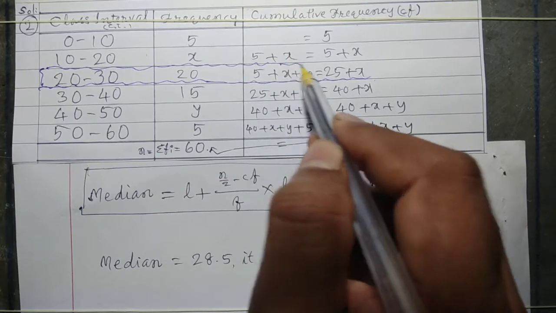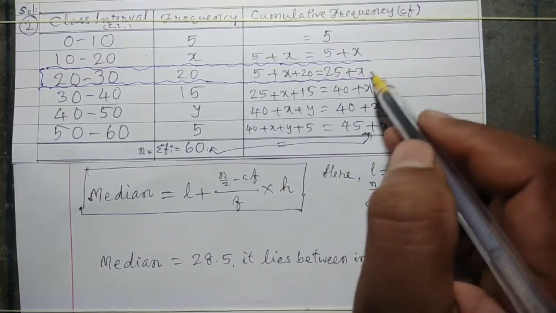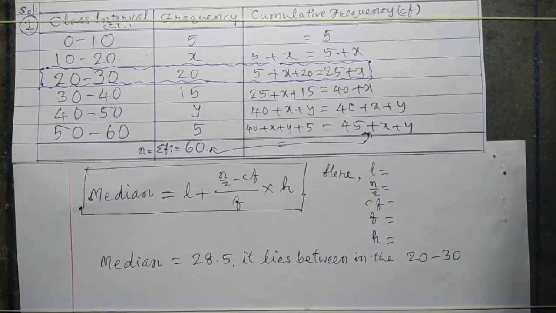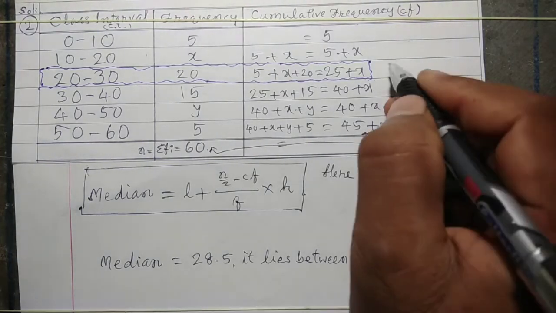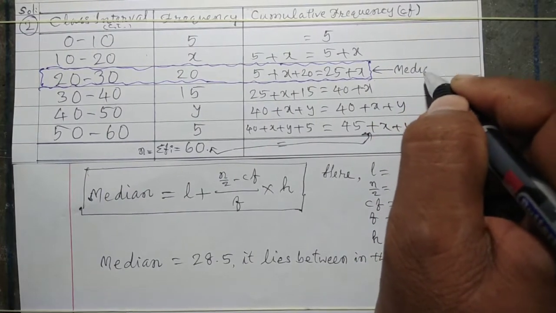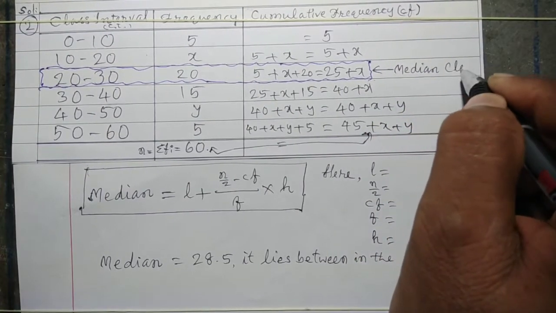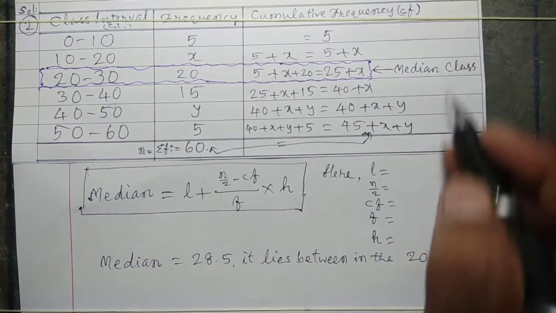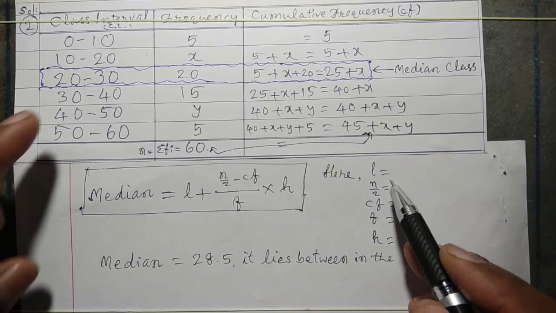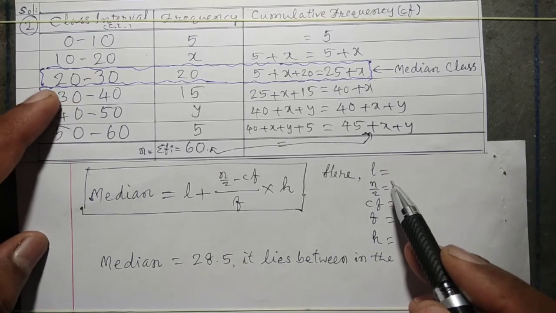We have to indicate it specially like this: median class. We have to indicate the median class clearly. Based on this class only we can identify all these values. That's why we have to indicate it specially.